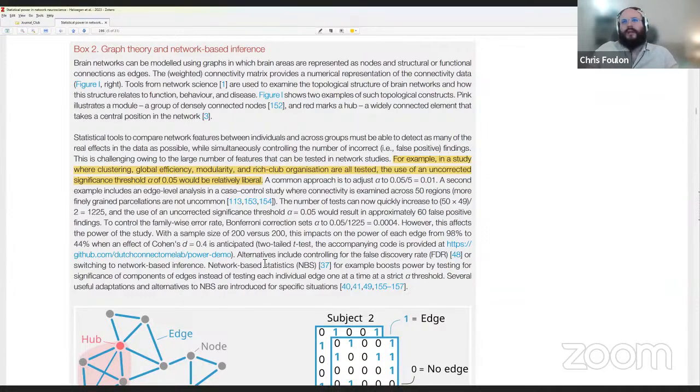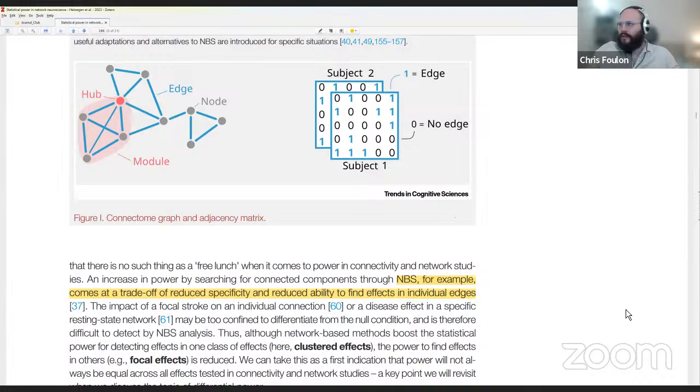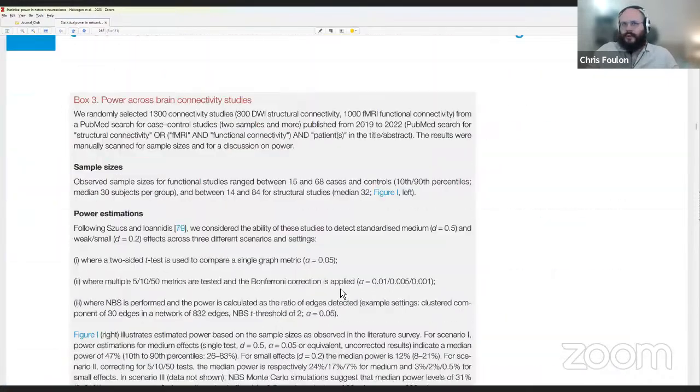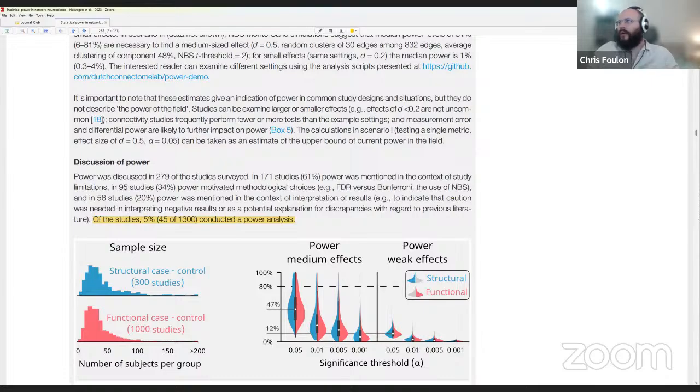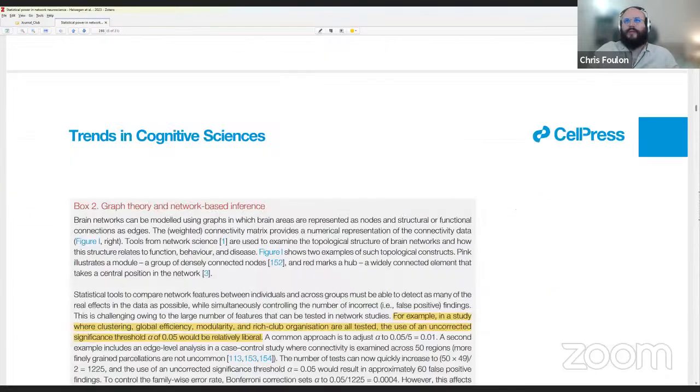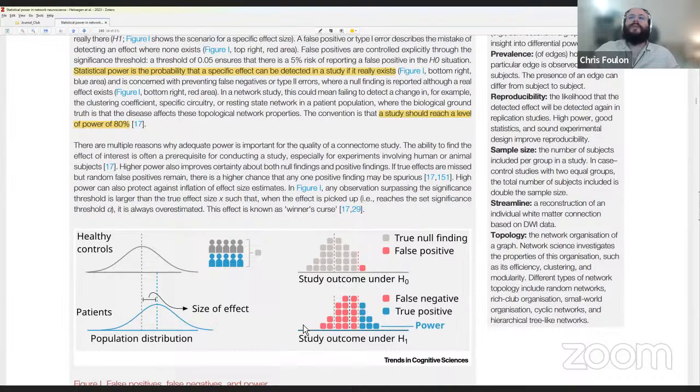Yes, and the statistical power. So I think there is in the box. So yeah, I'll come back to the first. So basically, the statistical power that we have in a study is the ratio between the true positives and the false positives.